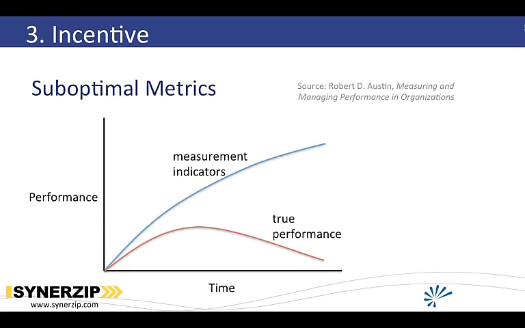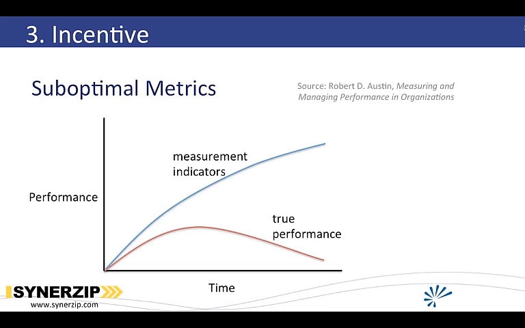There's a common paper out there, or actually it's a book, Measuring and Managing Performance in Organizations, but this is a commonly known fact that the moment you start putting incentives, specifically more extrinsic incentives like money or punishment, so we'll just refer to that as carrots and sticks, right?